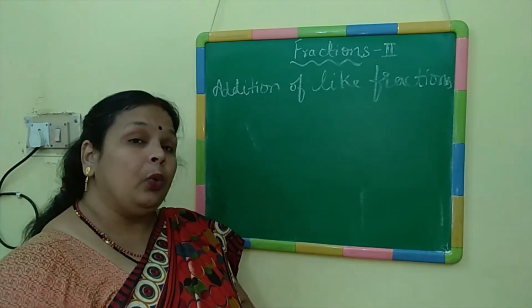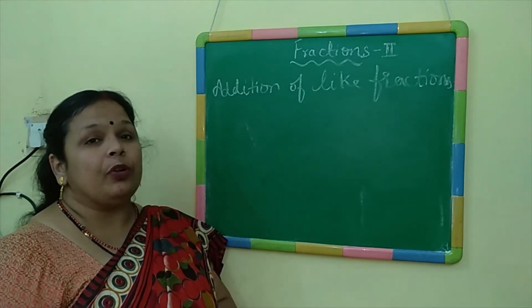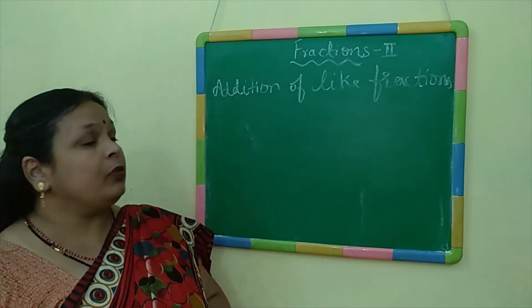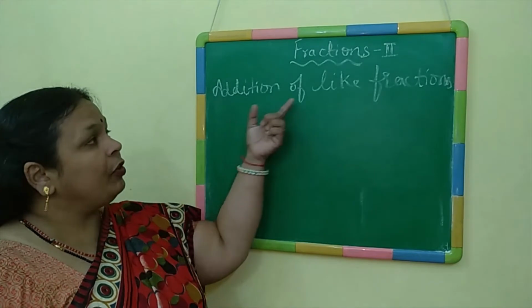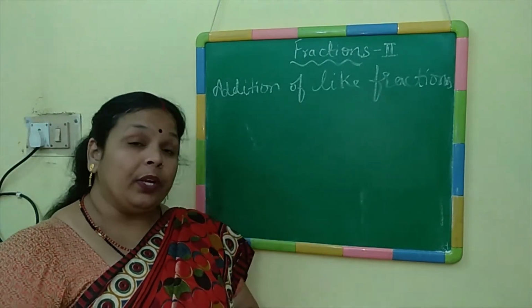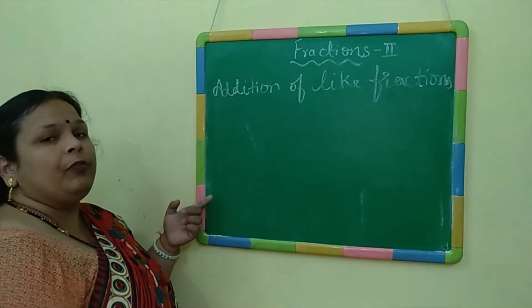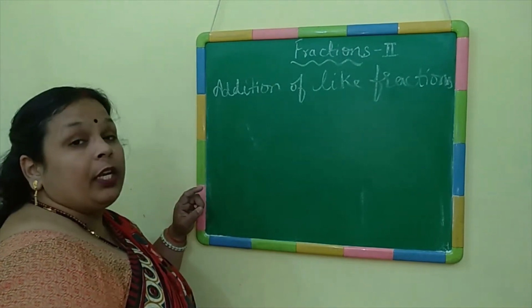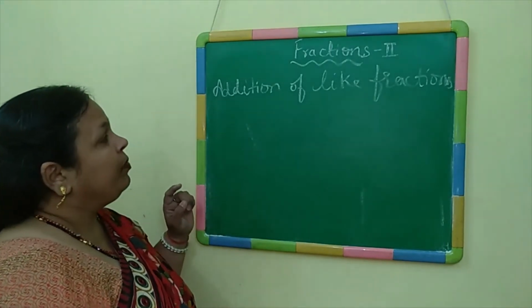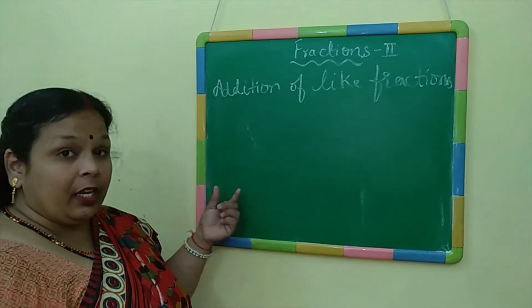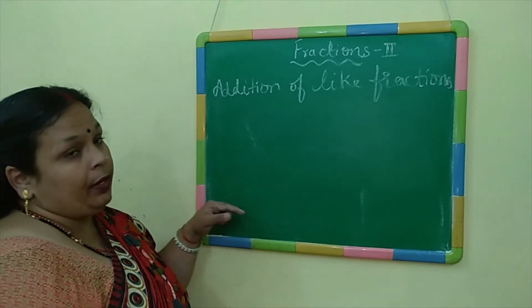Now we are going to do some operations on fractions, like addition of like fractions. What is addition of like fractions? Just a few seconds before I explained to you that like fractions have the same denominator. Now if like fractions are given, how are you going to add them?